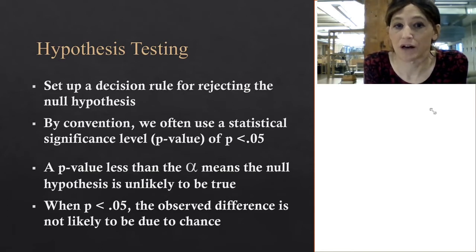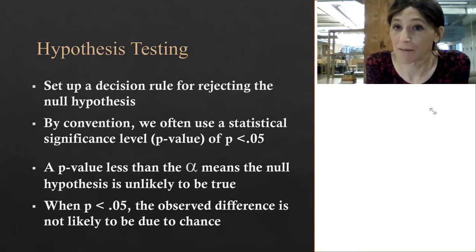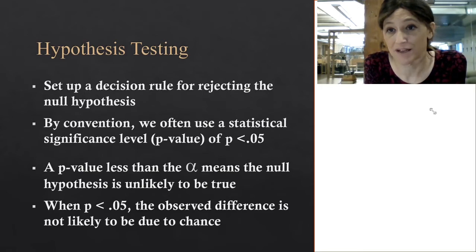So by convention, we often use a statistical significance level of p less than 0.05, or an alpha level of 0.05. And what that says is that literally the null hypothesis has about a 5% chance of being true, 0.05, 5% chance. So we state the probability of the null hypothesis being true in terms of probability, and that's what a p-value represents.